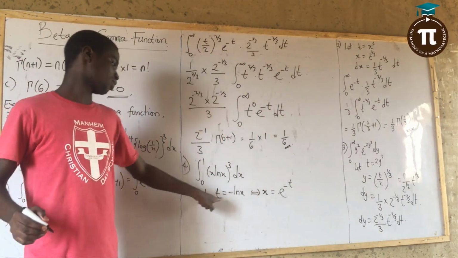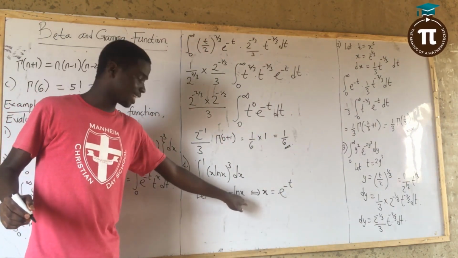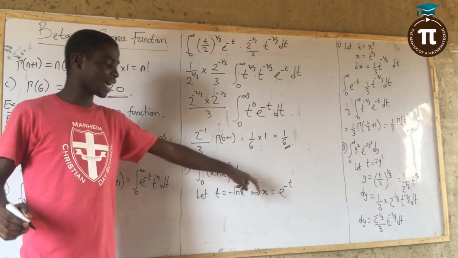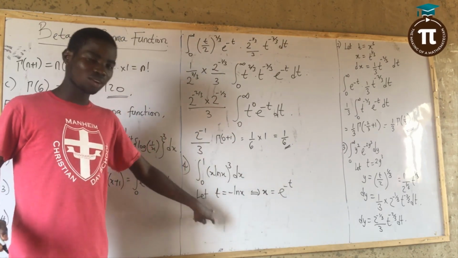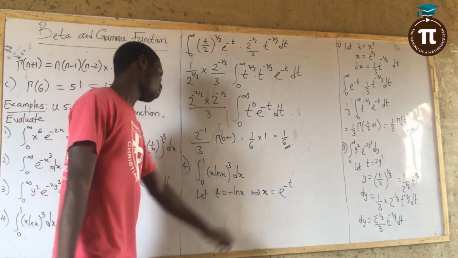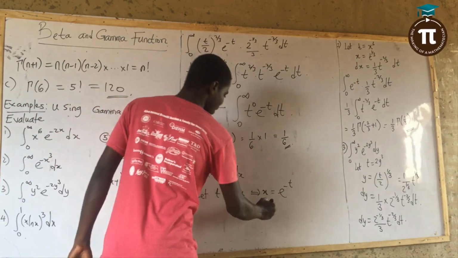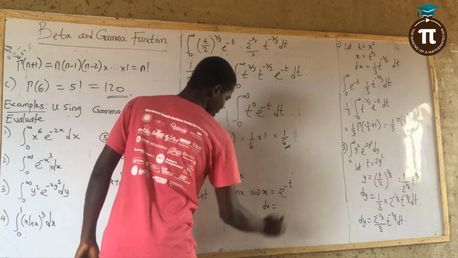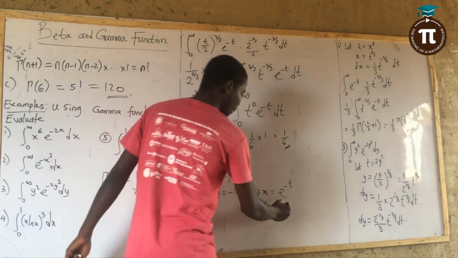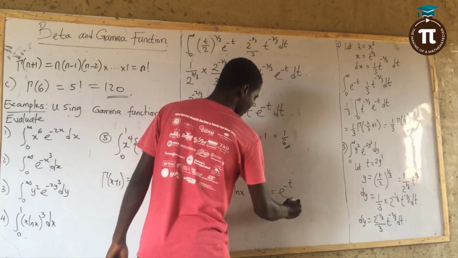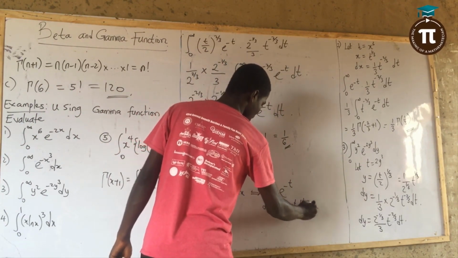If you bring this minus here, that's minus t equal to ln s, so s will be e raised to power minus t. So now ln s will be equal to minus t. Differentiating, ds will be equal to minus e raised to power minus t dt.